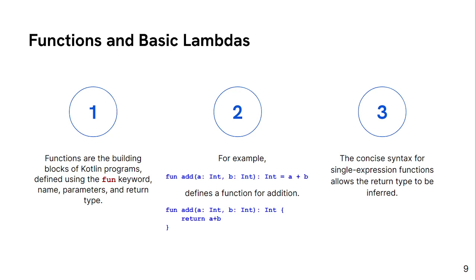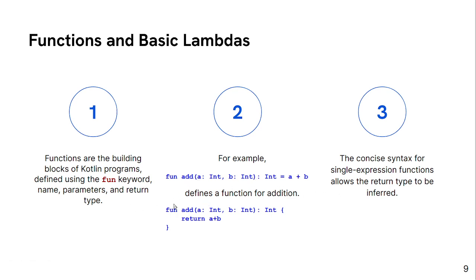Okay, and let's talk about the functions. Functions are the building blocks of Kotlin programs. We define a function in this way using the keyword fun, F-U-N, followed by the name, the list of parameters and the return type.